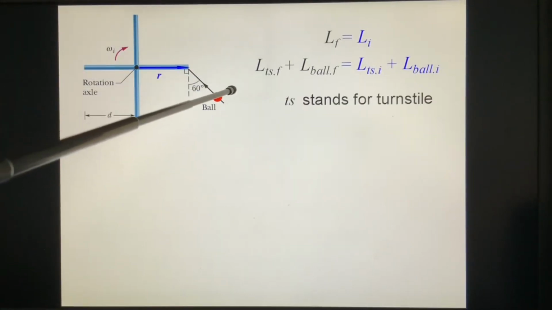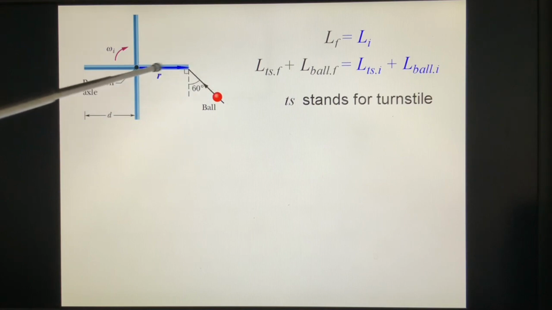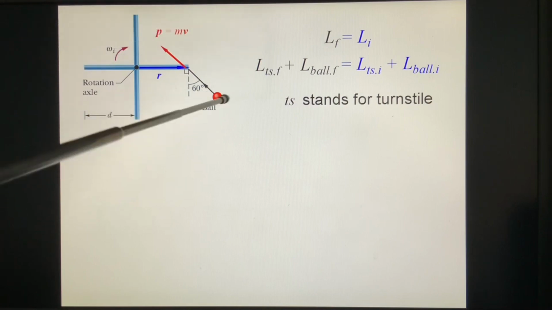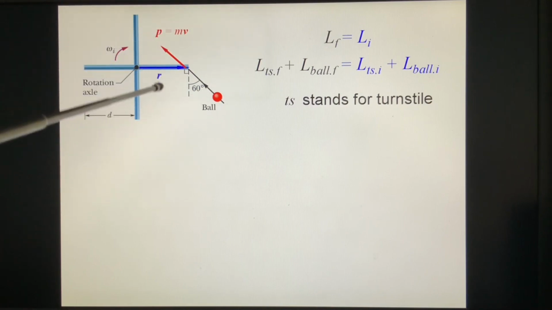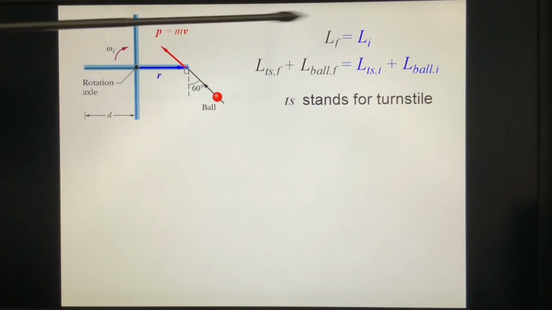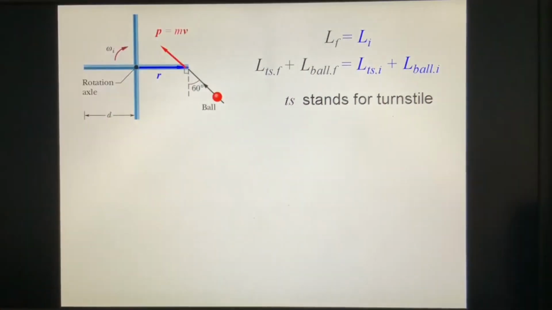Look at this one. The hit is here. So this is r, and its p is mv. Now we see, what is this? This is r cross p, which is outward from the surface.